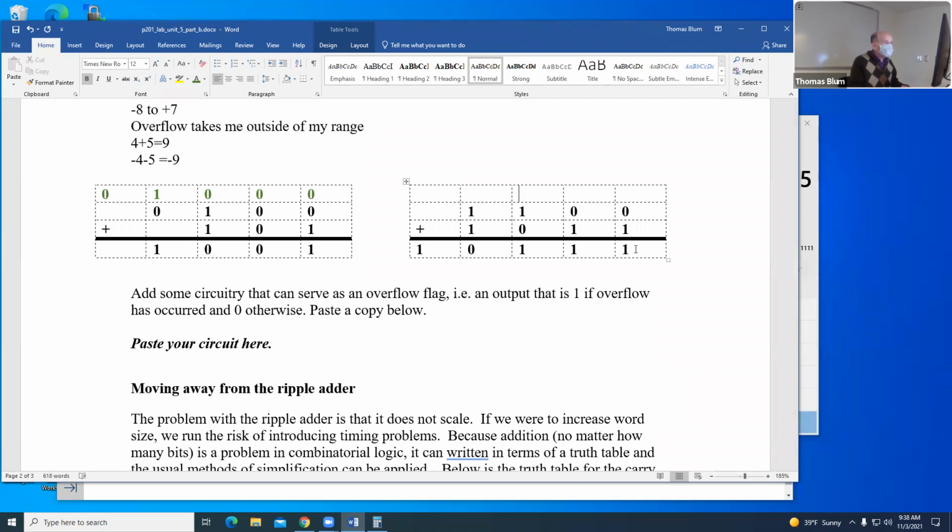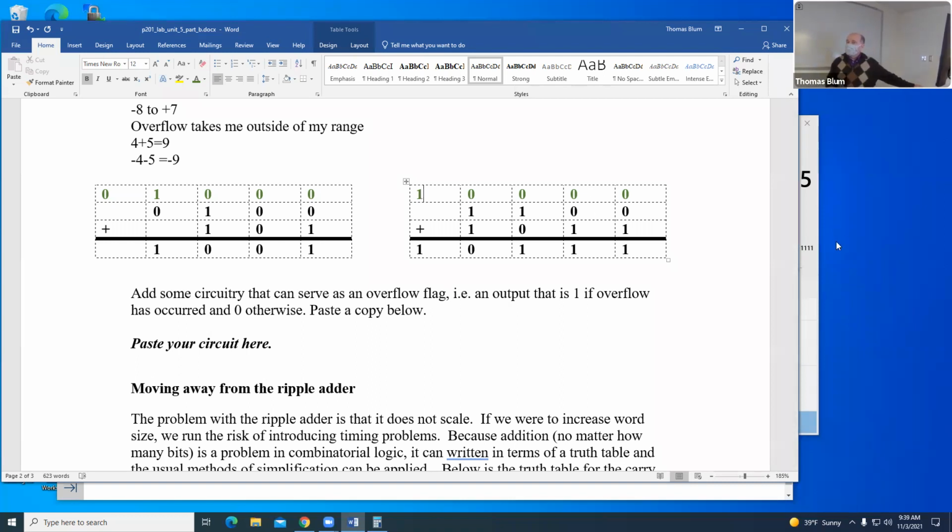And if we were to add these, we would get 1, 1, 1, 0, 1, and the carries were, I wanted them to be green. Not everything green, top row green. And there was no carry, and no carry, and no carry, and a carry. Okay, so that is my 2 examples of something overflowing, of my operation taking me outside of my range.